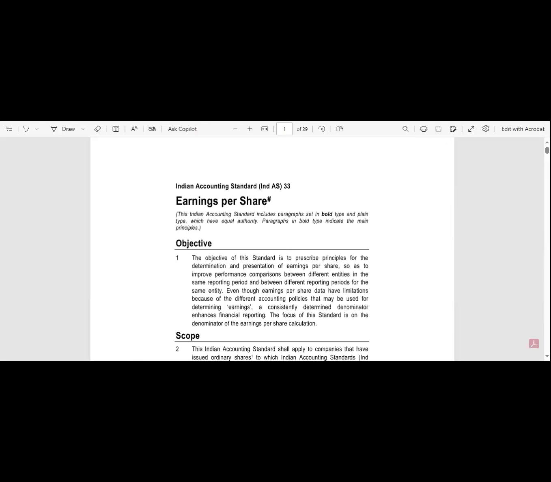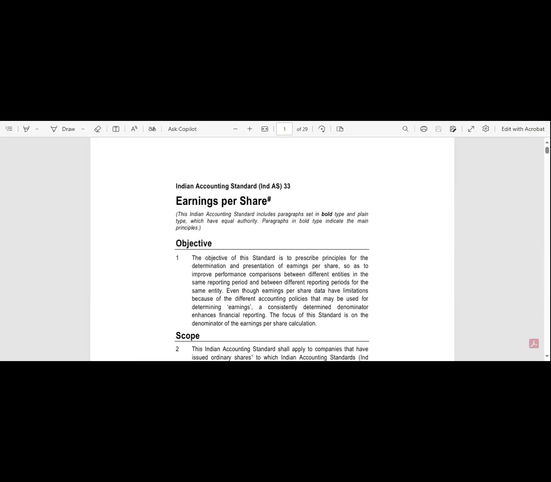That means the more focus of this Indian Accounting Standard 33 is on the denominator. The formula we studied is EPS is equal to net profit divided by number of shares. So actually, the Indian Accounting Standard 33 puts more emphasis on the denominator, that is the number of shares.